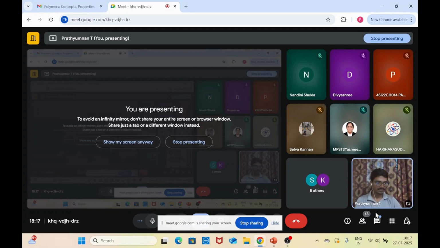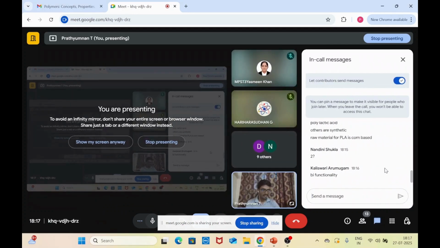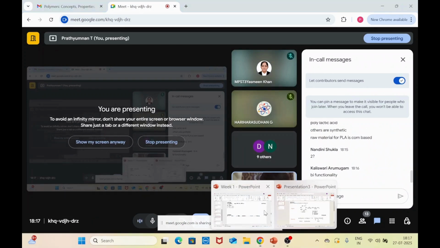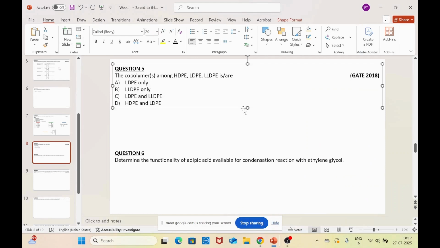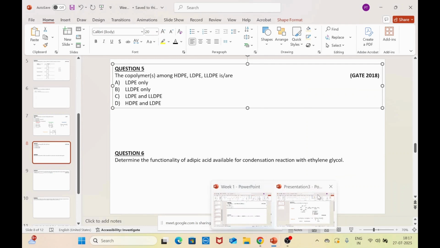Any answers? Two, yes, by functionality. So let's see the structure.